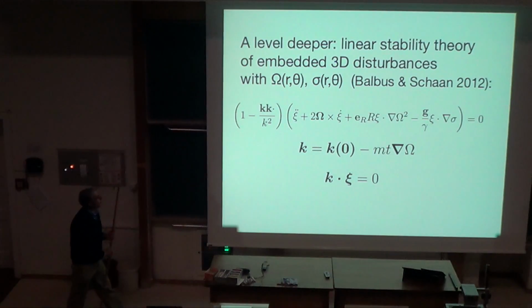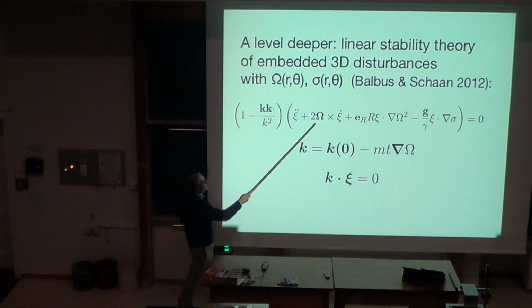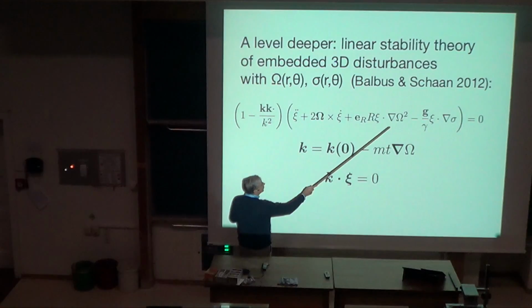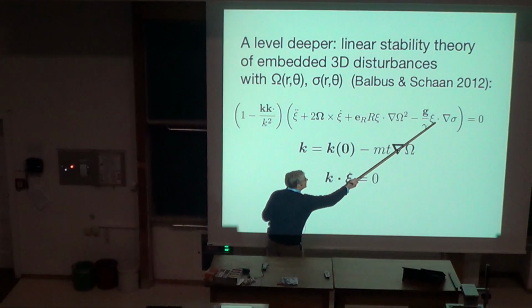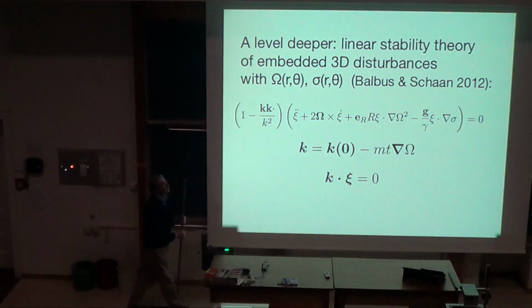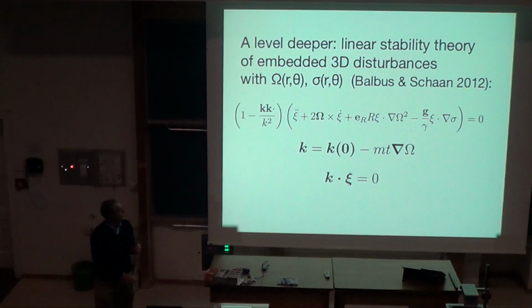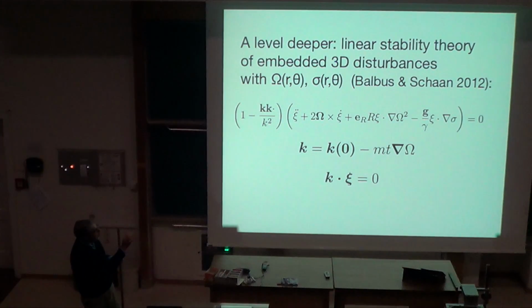There's the actual equation of motion. It has a Coriolis term, it has a gradient of omega squared, and it has a gradient of entropy. Notice psi dot grad omega squared and psi dot grad sigma. The entropy and the angular velocity are already coming in on the same footing in the basic dynamics.